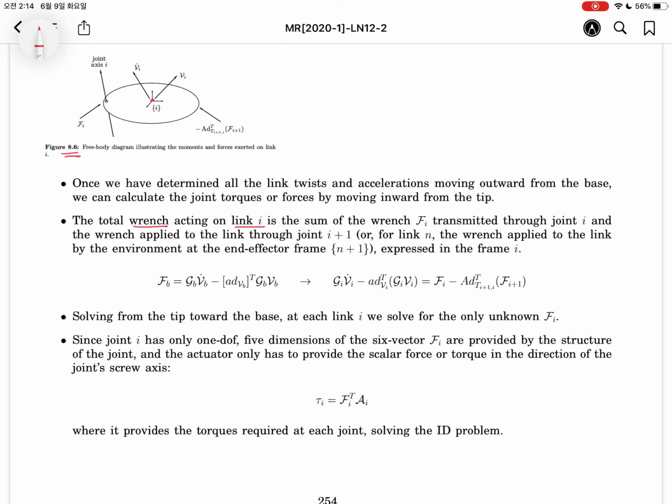This is the center of mass of link i, where the twist and the acceleration are applied. And the next link will make the reaction force. The reaction force is denoted by the wrench F_{i+1}, but for link i, minus adjoint T_{i+1,i} transpose is required to express it.